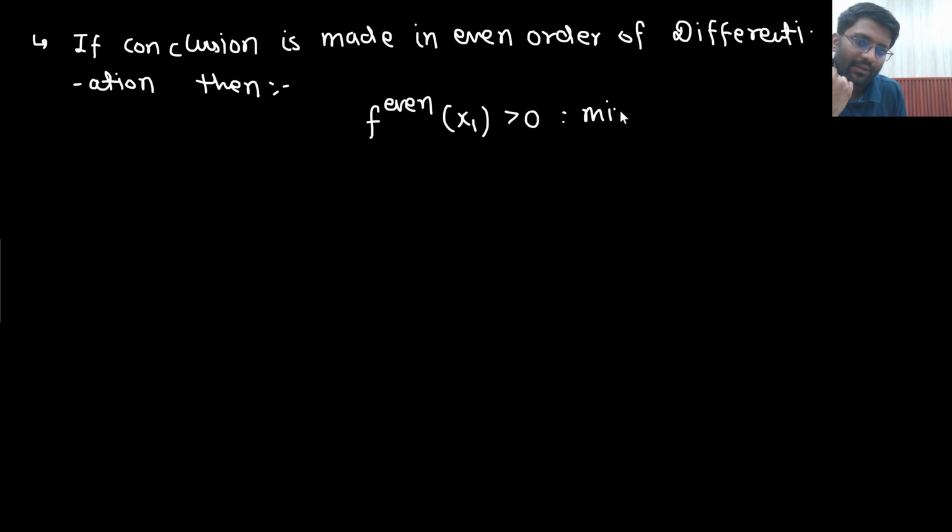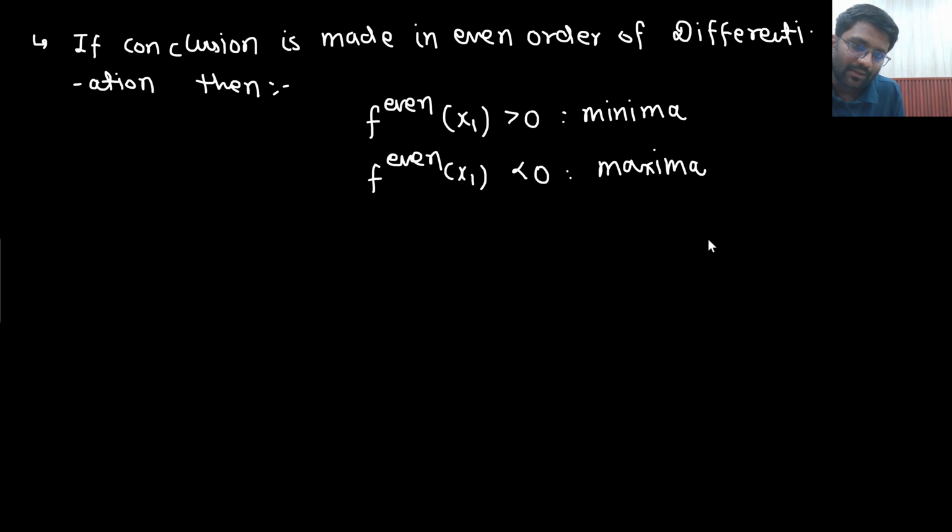I am talking about the even number of differentiation. If it is coming out to be less than 0, then it will be a point of maxima, right?